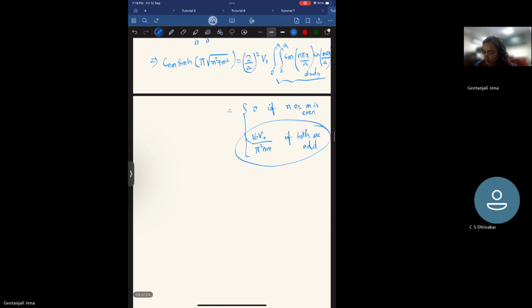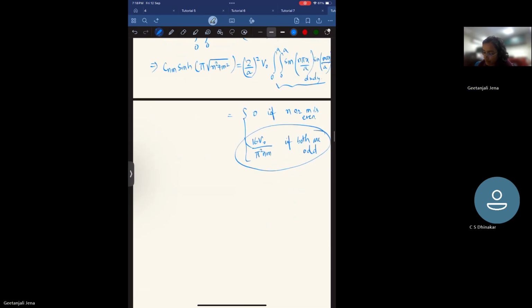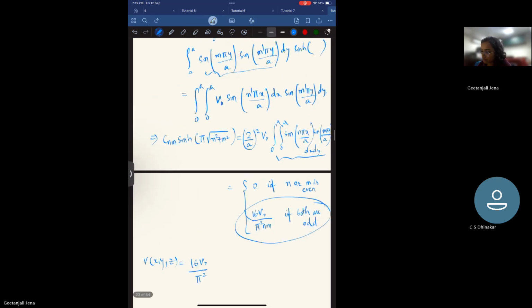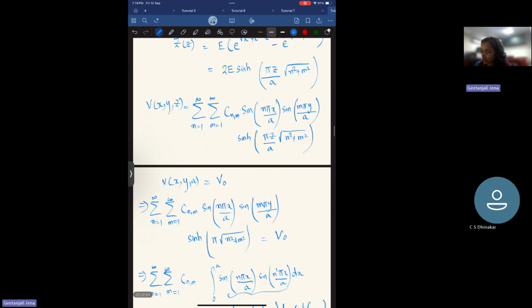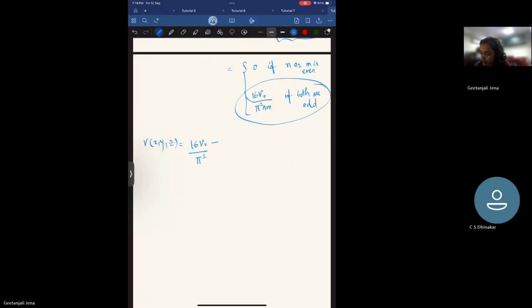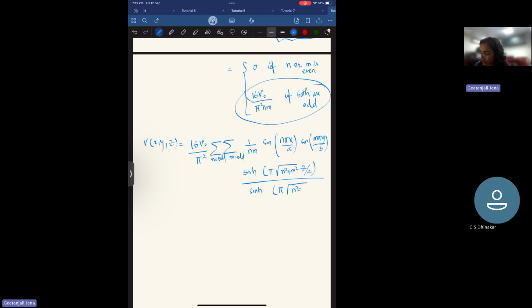So that is why we have V(x,y,z) equal to 16V0/π² times the summation over n, all odd, and m, all odd, of 1/(nm) sin(nπx/a) sin(mπy/b) sinh(π√(n²+m²) z/a) divided by sinh(π√(n²+m²)).